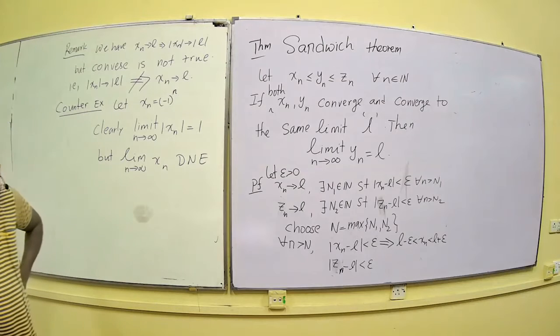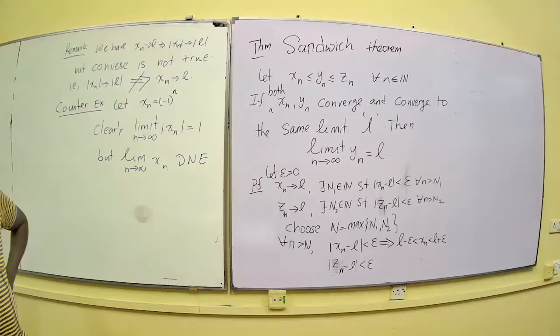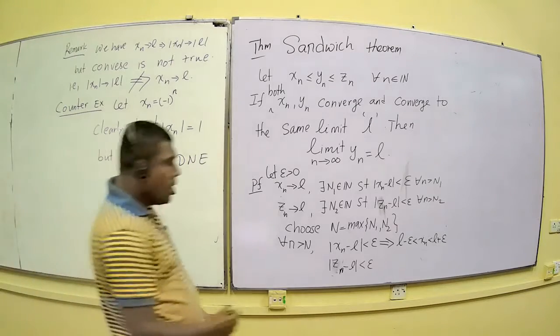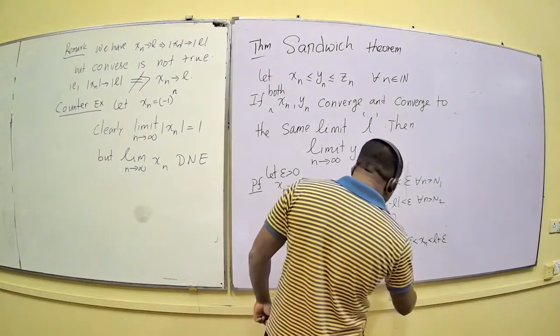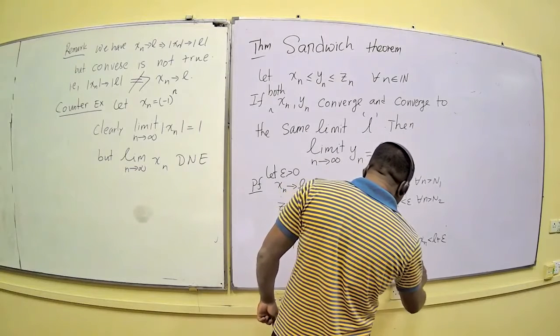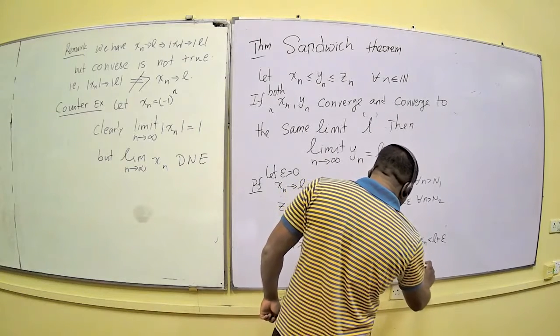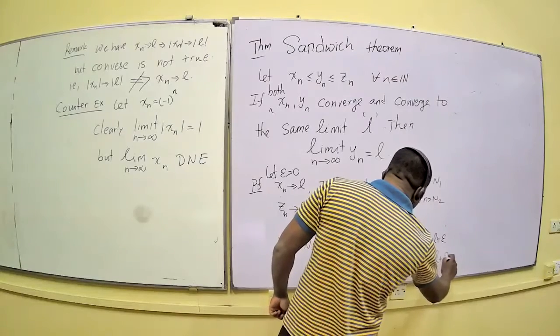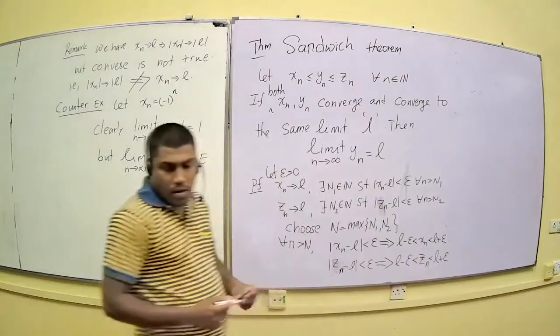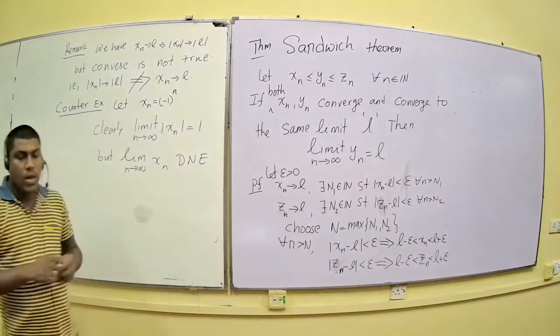Then you add L on both sides, so you will get L minus epsilon is less than xn less than L plus epsilon. Here also, if you get rid of the absolute value, you will get L minus epsilon is less than zn is less than L plus epsilon. You have these two results.